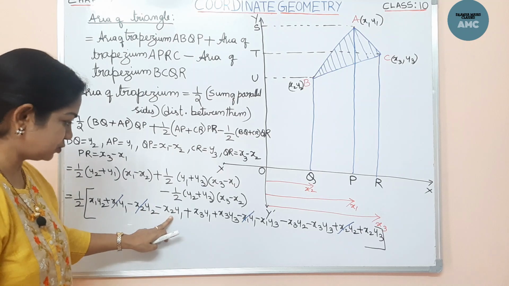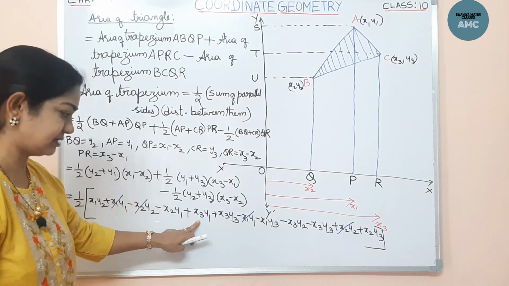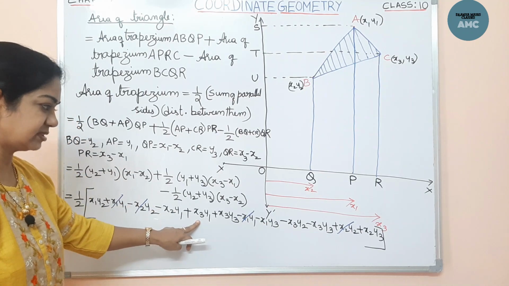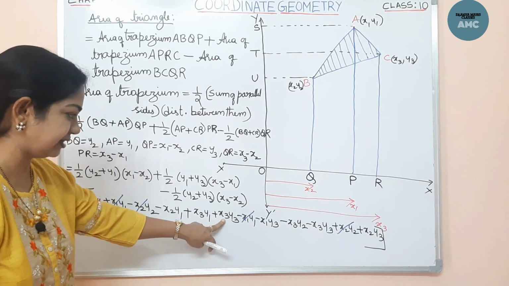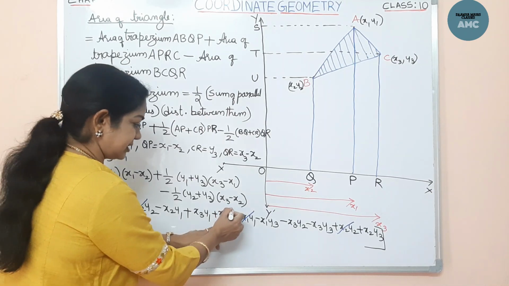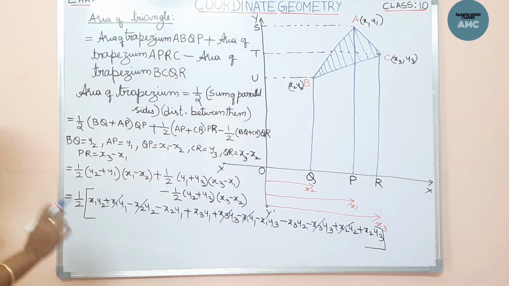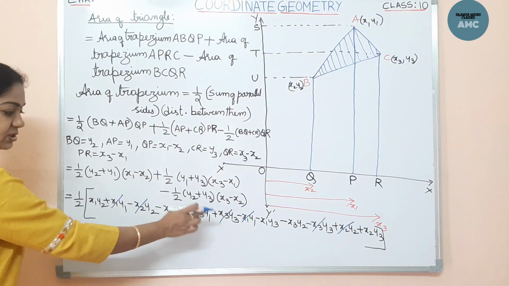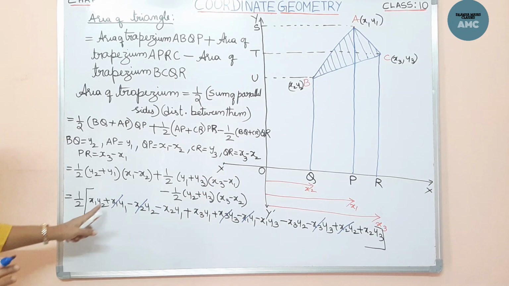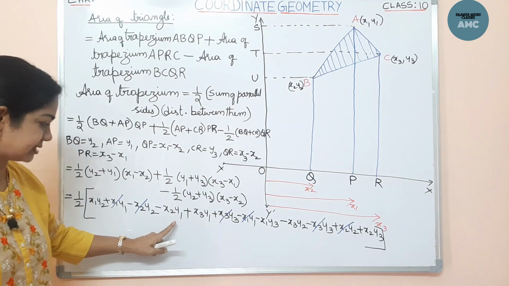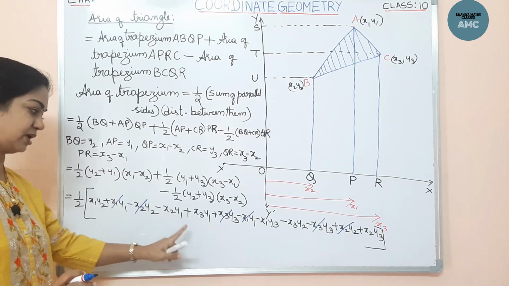Right? x2 y1 no. Again x3 y1 is also not there. x3 y3. See here. Plus x3 y3 minus x3 y3. So all the 6 terms I have cancelled, where 1 1 2 2 3 3 like that only we got the cancellation. Others will not get cancelled because x1 y2 x2 y1 like that.